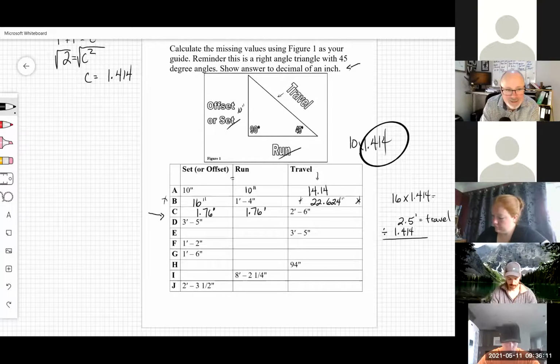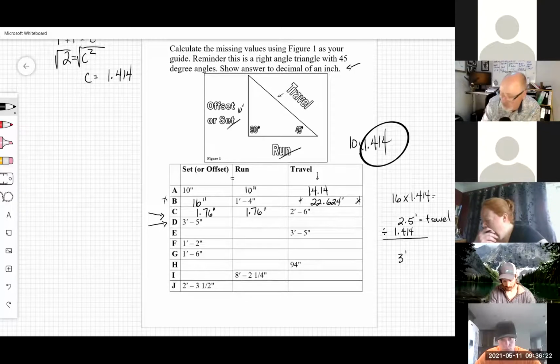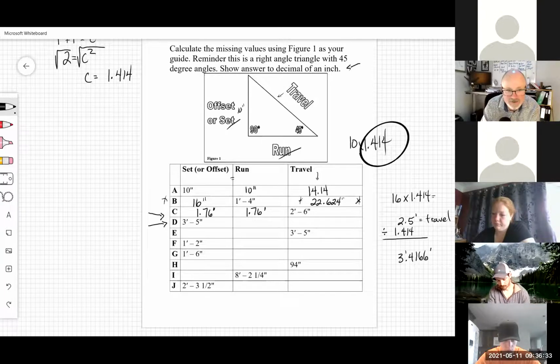So let's go to D. So that says 3 foot 5 inches. I'm going to take 5, divide it by 12 to get it into a decimal of a foot. And that equals 0.4166 is enough. So that's 3.4166 feet. So I could write that in there because the offset and the run are the same.